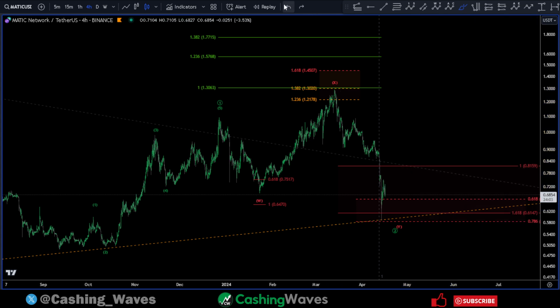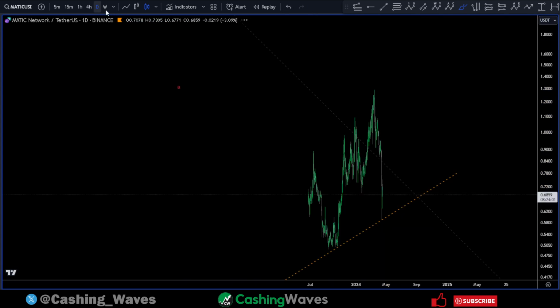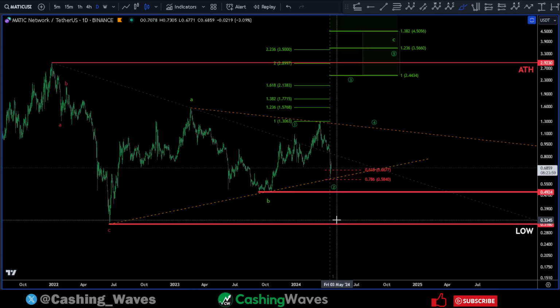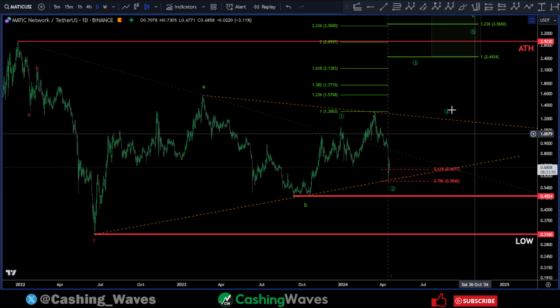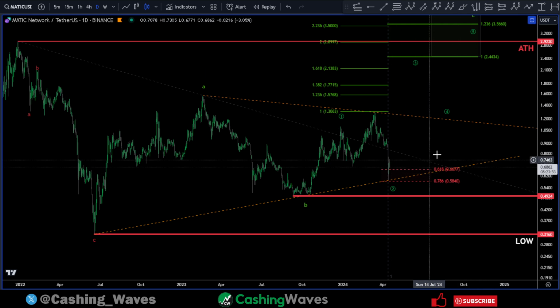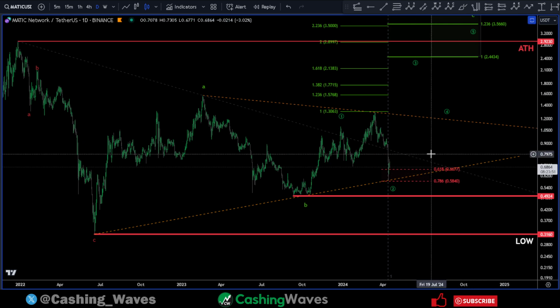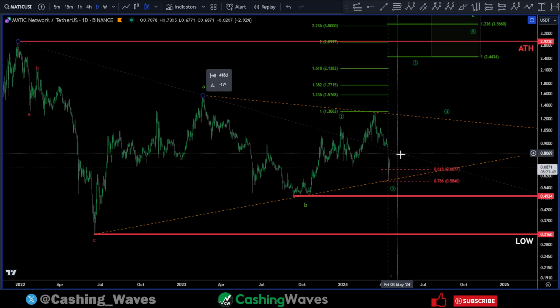So as you can see, there's a lot of scenarios. Very difficult chart. The very important thing is to keep all these scenarios bullish, and we'll be able to hone in a lot better once we get the next move.